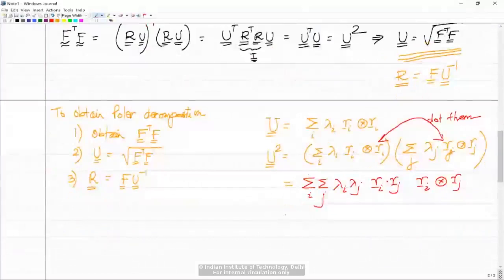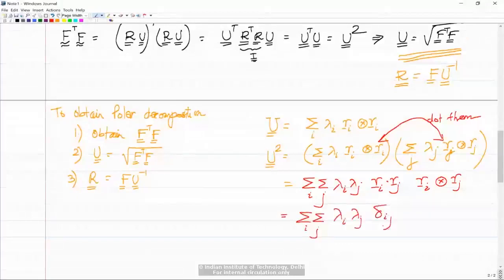But let's work it out carefully now. You see this Ri dot Rj, I said that because they are eigenvectors, they are perpendicular to each other. So it is simply delta Ij, isn't it? So this is double summation over i and j, lambda i, lambda j, delta ij into Ri tensor product Rj.